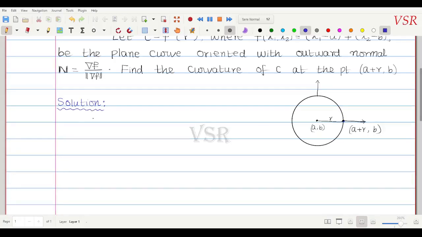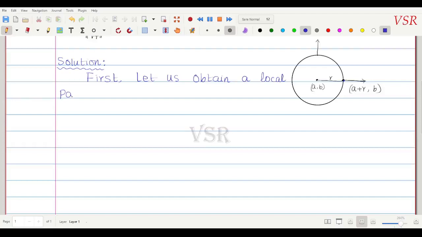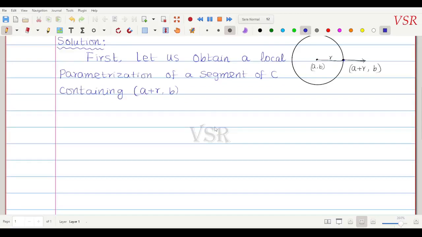Okay, so first let us obtain a local parameterization of a segment of C, of capital C, containing this point, that is a plus r comma b. I will find the local parameterization of such a segment.